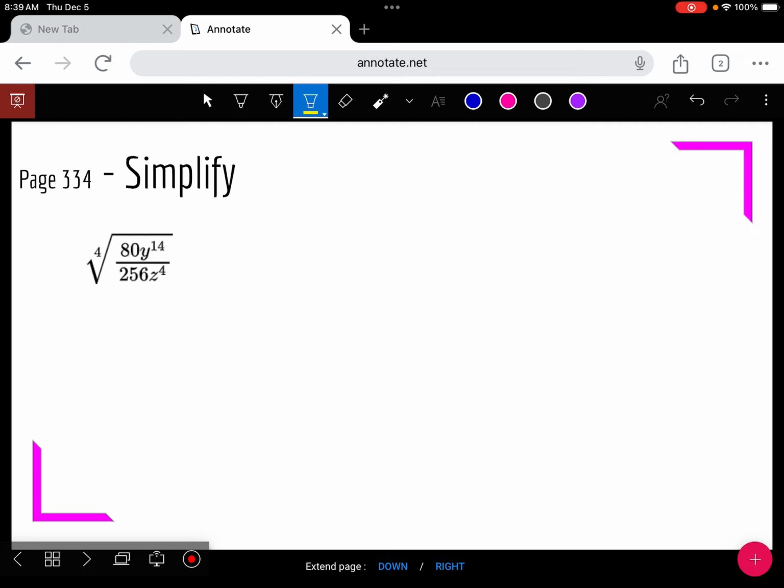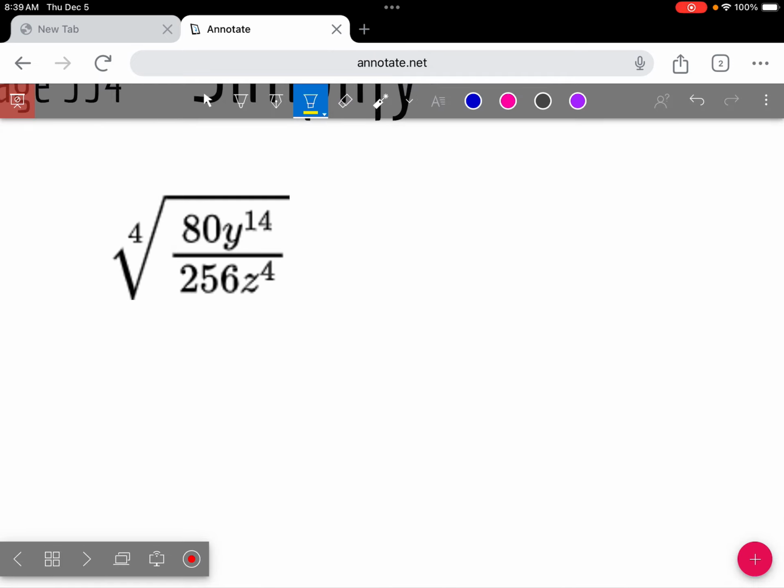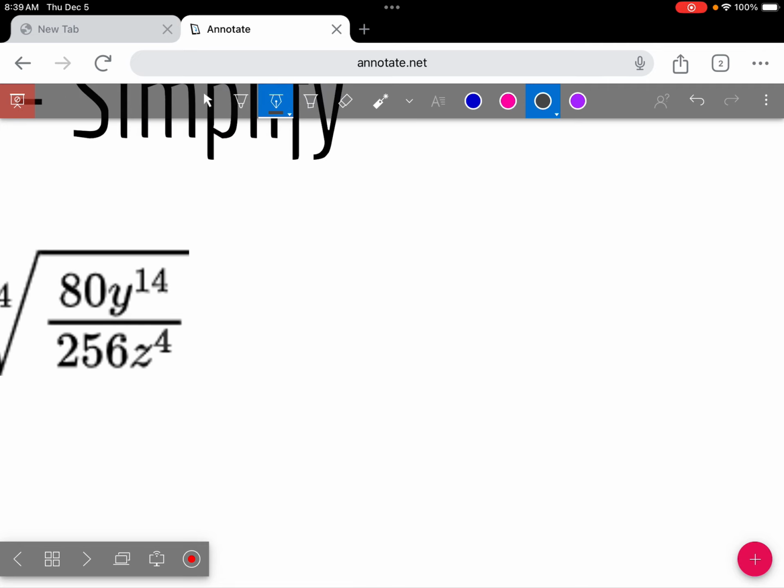Here we have a 4th root. So we have an index of 4, meaning we're going to be looking for groups of 4. So I'm going to start using those properties to split this up into our pieces that are easier to deal with.